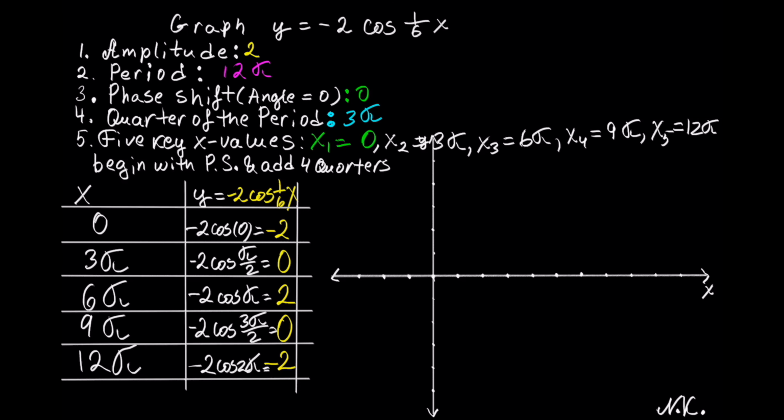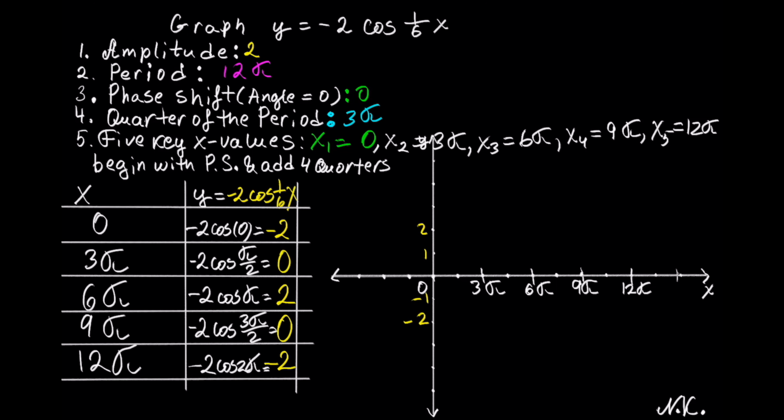Once we have our x and y points, we can plot them on x and y axes. Our first x value was 0, then we had 3 pi, then 6 pi, then 9 pi, and the cycle ended at 12 pi. And the graph goes between 2 and -2.